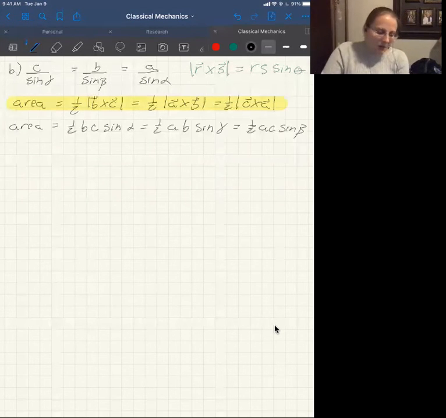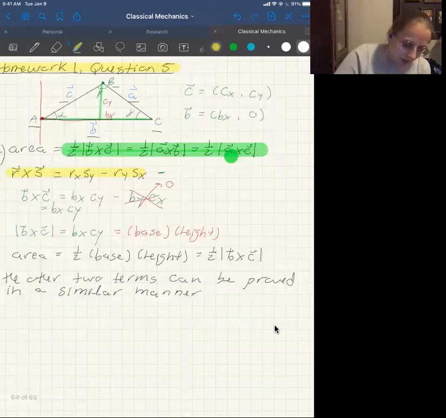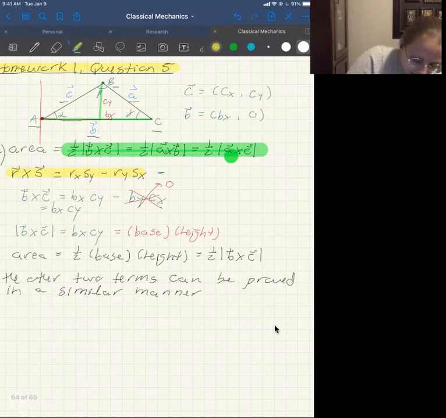And the angles I pulled from this diagram, so for example, between vectors B and C is the angle alpha, between C and A is the angle beta, and between A and B is the angle gamma.